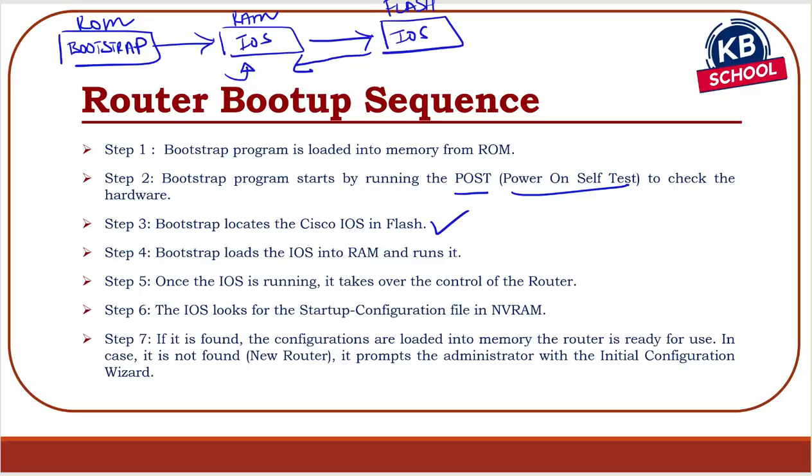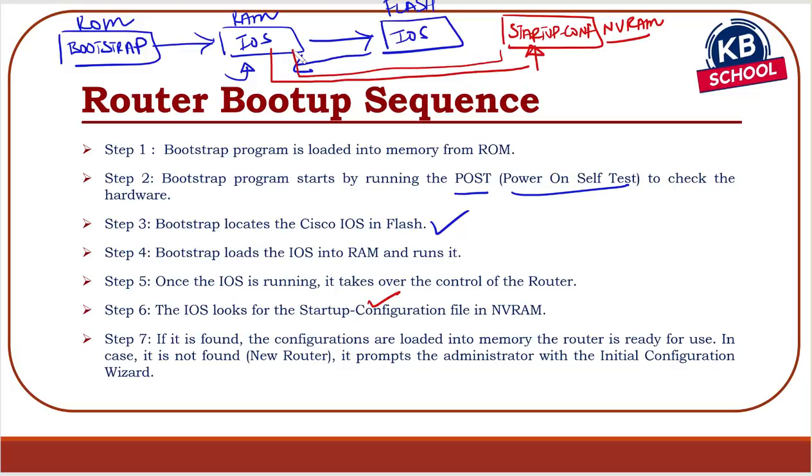Once the iOS has taken over and is running, its first task is to look for what? The startup config file, where? In NVRAM. If there is a startup config file in NVRAM, it is loaded up with the configurations of the previous time that the router was up, and the router is good to go.